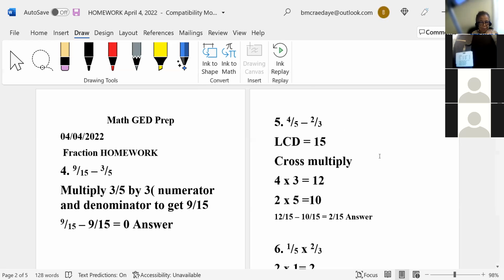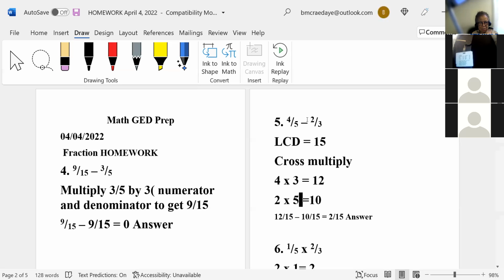Maureen, are you back? Okay. Do you understand number 5? I do number 5, but I need help. I multiply 5 by 2 is 10, and 3 fours is 12. So that'd be 10 over 15 or 12 over 15, right? Right. And you add it and you get 22 over 15. No, this is subtraction.